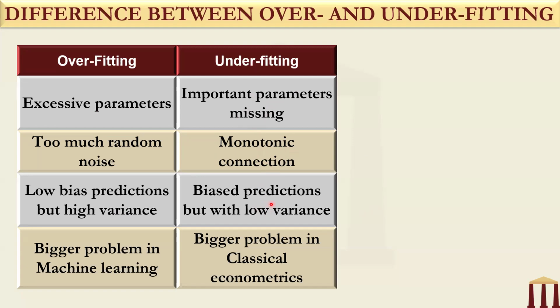Predictions are very off, very high bias, but they don't change much with new samples. So low variance. And of course, this is a bigger issue in classical econometrics. Classical econometrics focuses on simple, interpretable models, so underfitting due to omitted variables will be a main worry, which we saw in multiple regression last time.